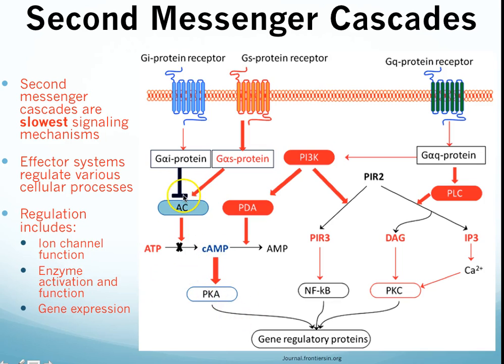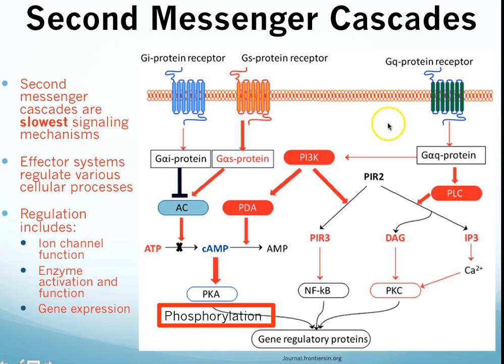If we have a Gi GPCR, when something binds to this, we're going to be blocking this effect. So we're reducing the potential to phosphorylate stuff. Phosphorylation is a key result of activation of this G sub s, and if we have the G sub i GPCR, we're going to block that effect.